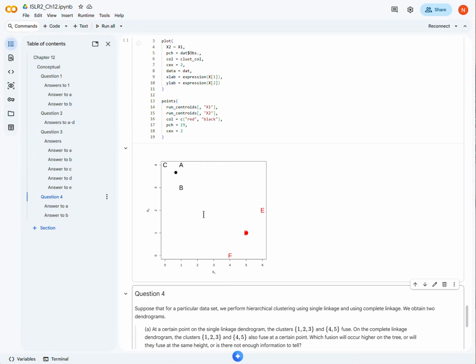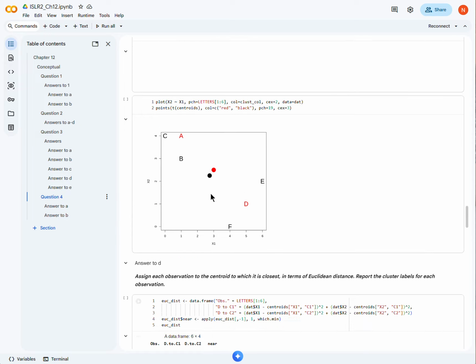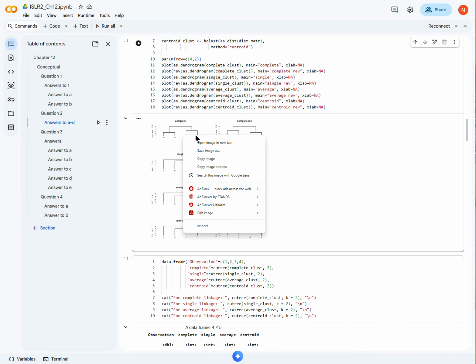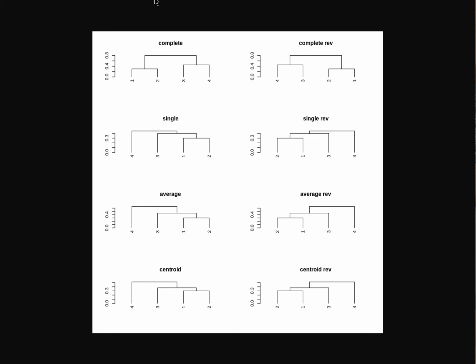Now, when we think about these dendrograms, let's go find a dendrogram here. Got to scroll up a ways. Let's use this one. If you look at the y-axis, it is the dissimilarity, and it goes up as you go up the y-axis. So if we go up higher, that is more dissimilarity.